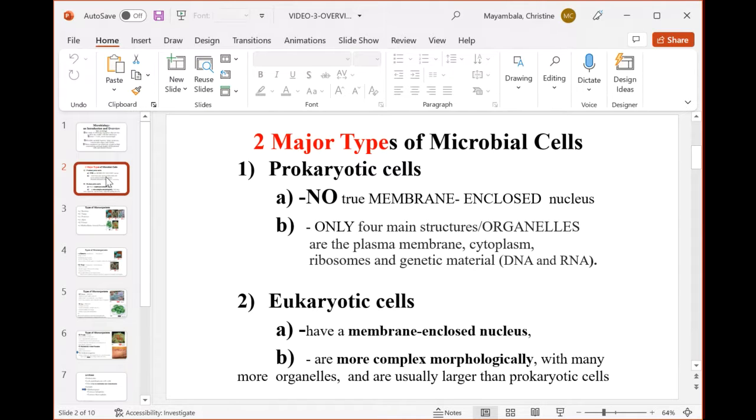And the other factor that is unique to prokaryotic cells is that they really are very simple. They don't have a lot of structures, what we call organelles.